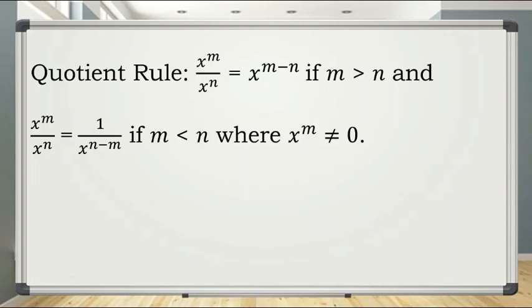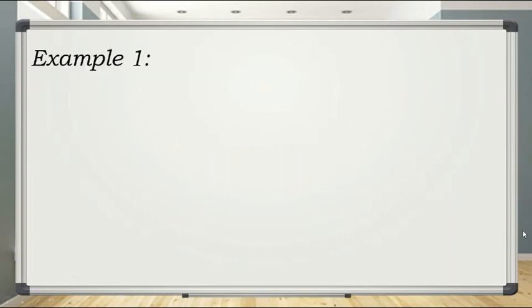Ang mauuna po isusubtract ay yung nasa denominator bago ang numerator, na kung saan ang exponent ng numerator ay hindi dapat mag-equal sa 0. Halimbawa, simplify 8x to the 4th power divided by 4x squared.